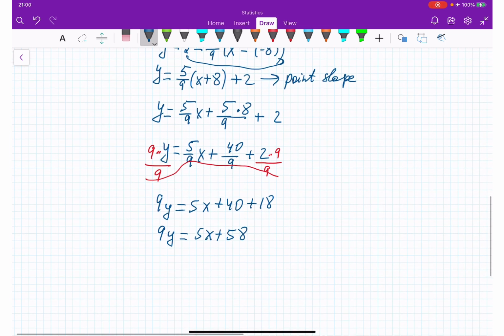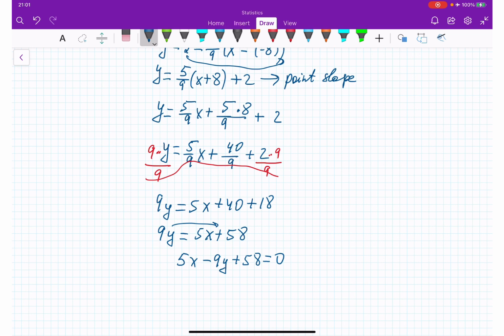And in the general format, like the original one is given, it's going to be 5x. I'm moving 9y to this side: minus 9y plus 58, and it equals 0. So I moved everything to one side and left 0. So this is the equation of the line in the general form.